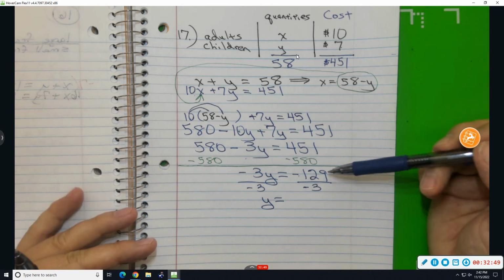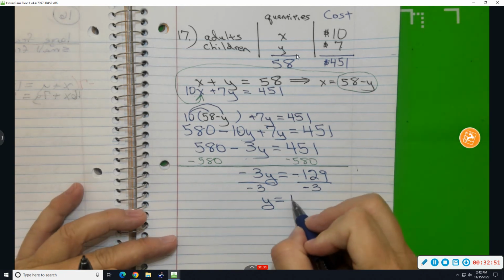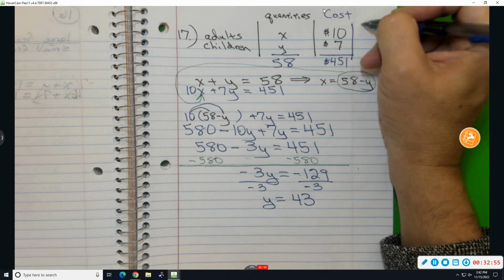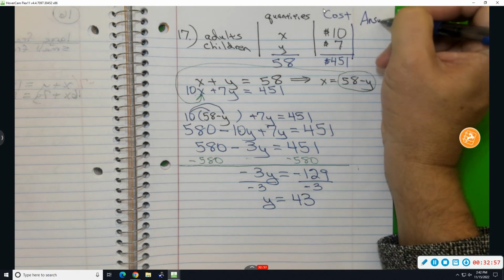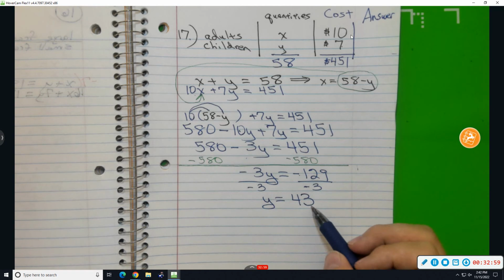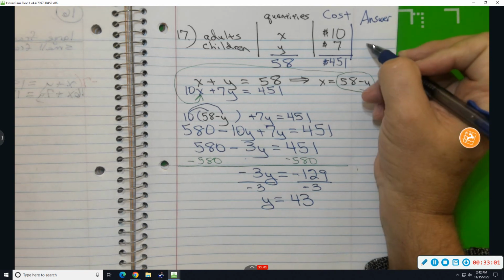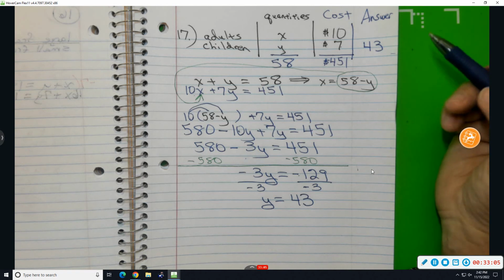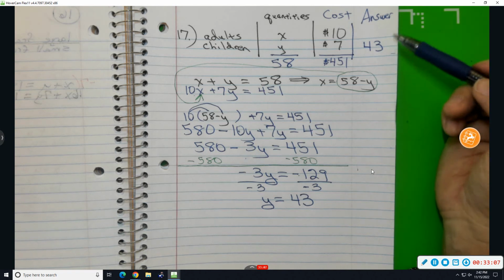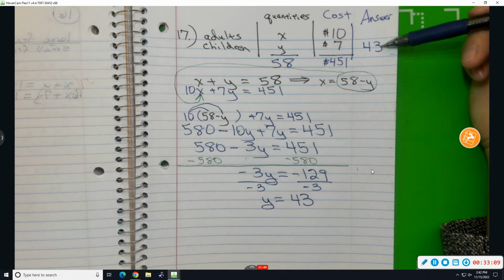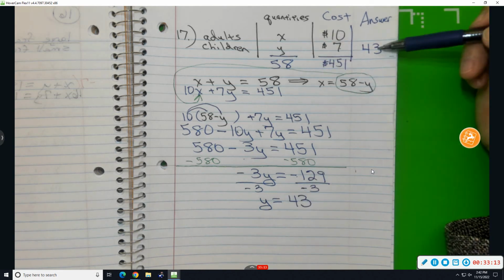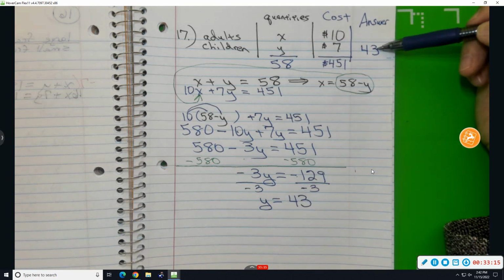So y equals 43. So that means there were 43 kids at the thing. So we can just do 43 minus 58, which would equal 15. I like the way Tony said to put an answer column here in our little table. Y is the number of children, and there were 43 children tickets sold.